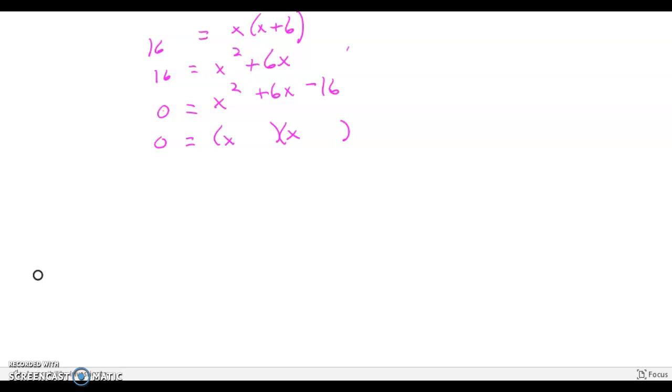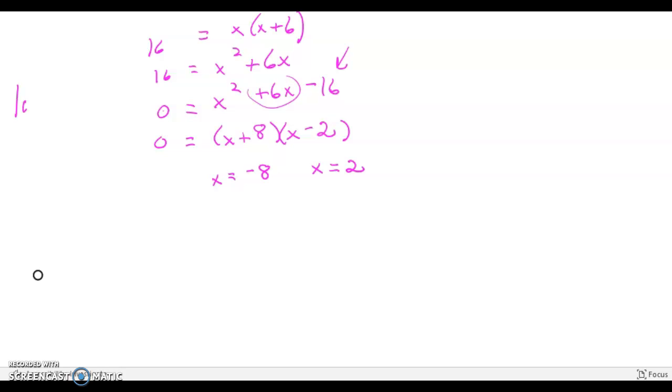Two numbers that multiply together to give me a negative 16 would be positive 8 and negative 2. If I multiply my outside inside, that would give me a positive 6x in the middle. So I know it's factored correctly. So set my factors equal to 0, and I would get x equals negative 8 and x equals positive 2.